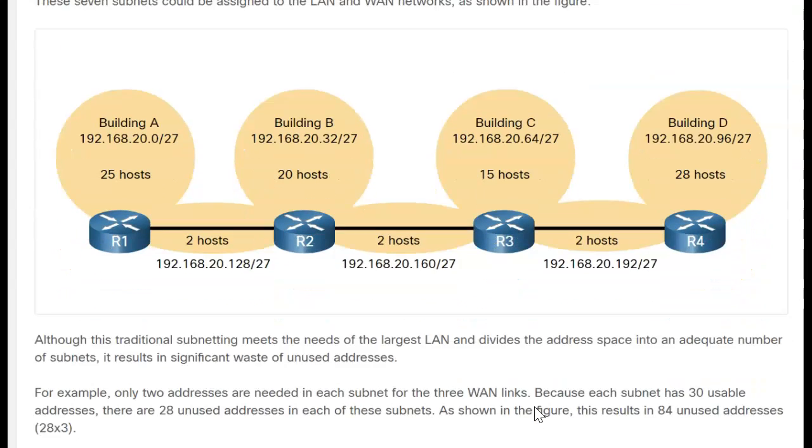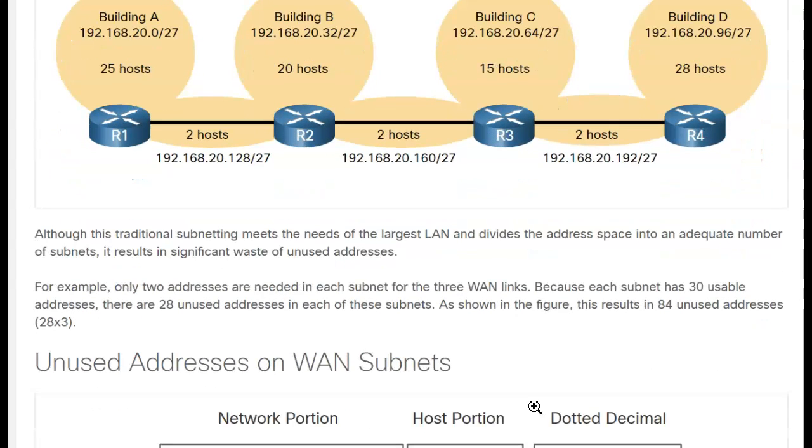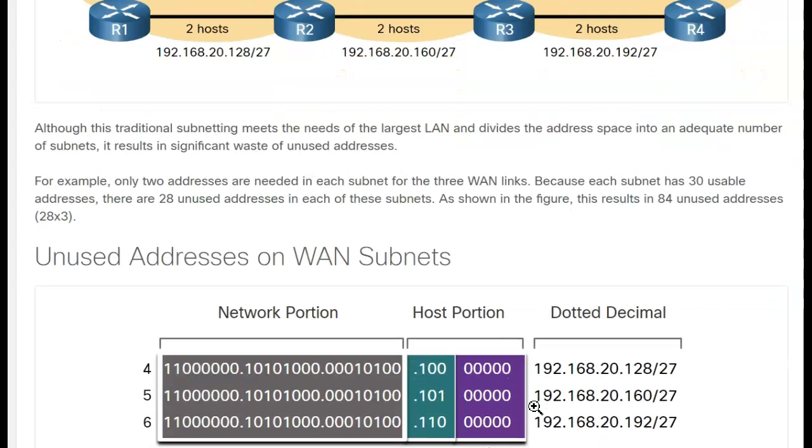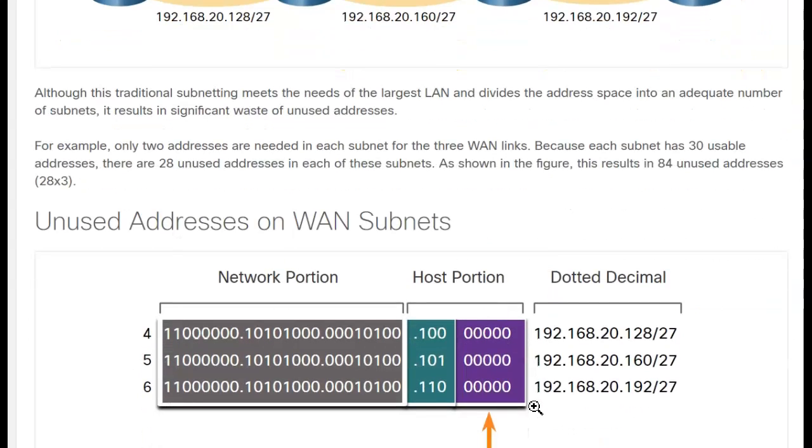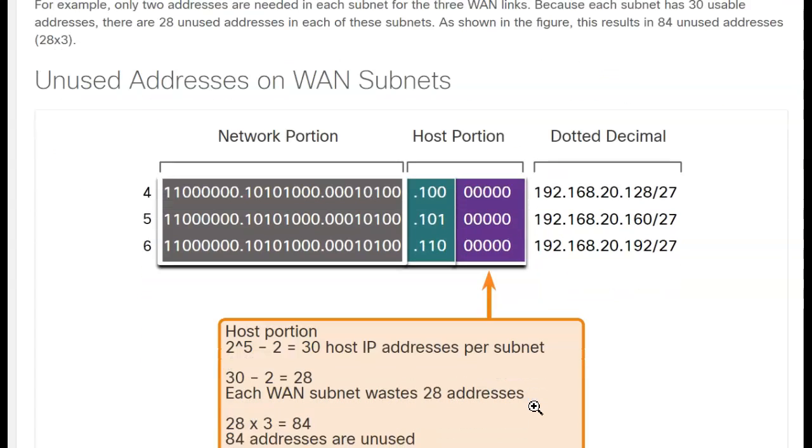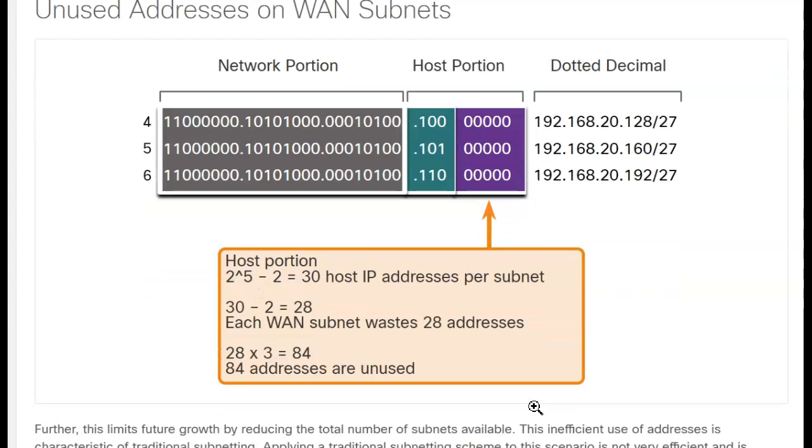But if I look at this same thing and look at how many unused networks I've got, I've got quite a few unused networks in my subnet. Now, in the first 3, not a big deal, right?